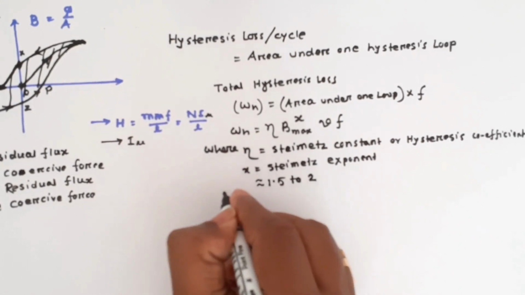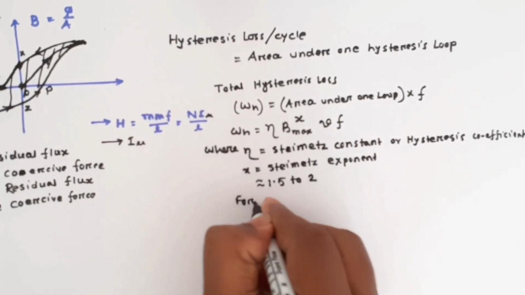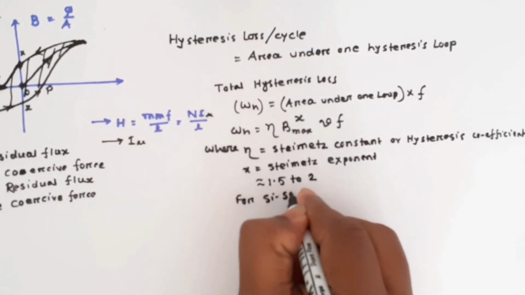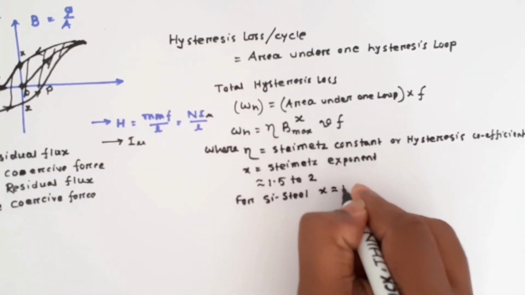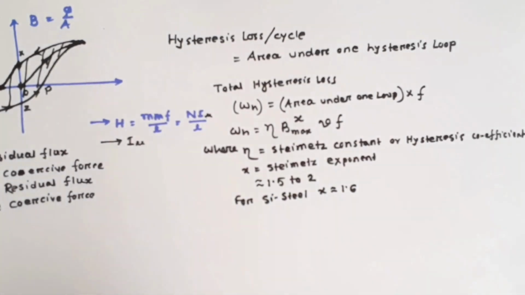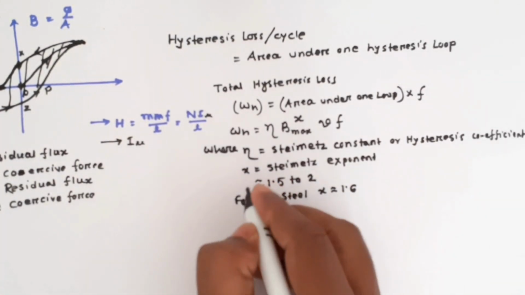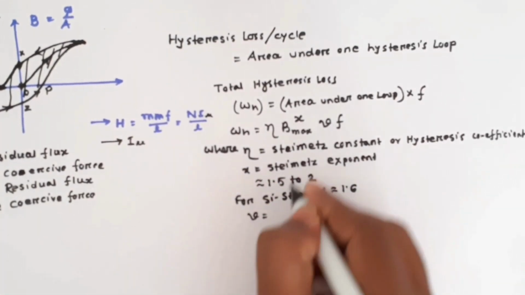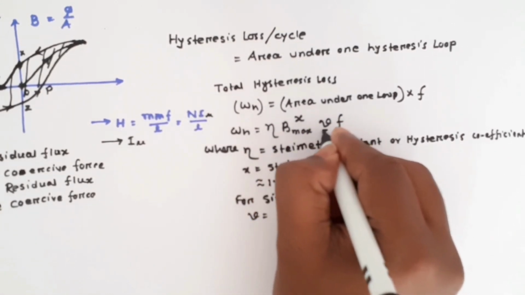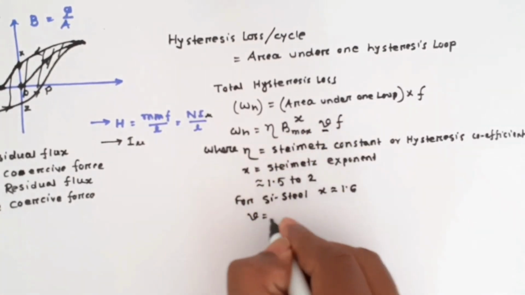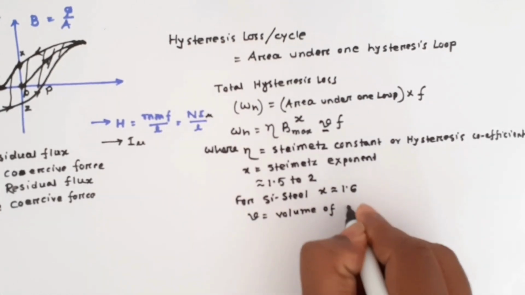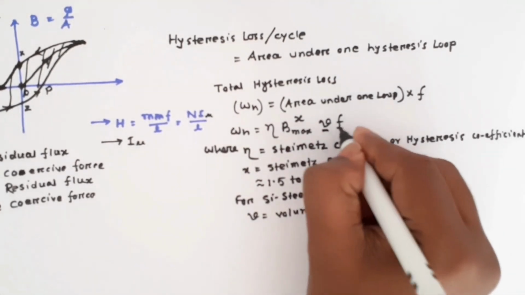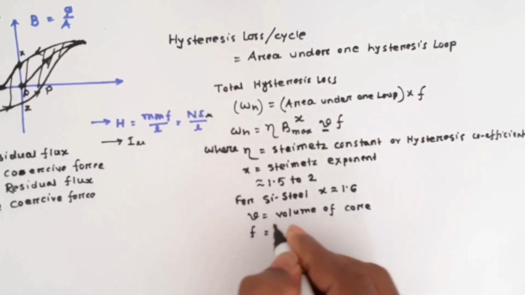For silicon steel, the value of x is 1.6, and V is not the supply voltage. Be careful, it is not the supply voltage, it is the volume of the core. And F is the supply frequency.